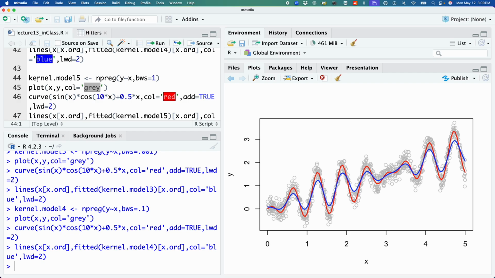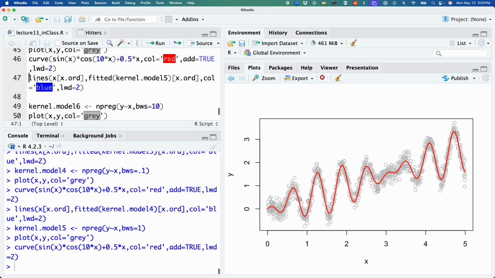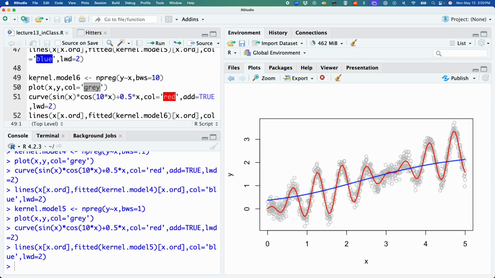Let's go even bigger with the bandwidth. And you can see at a certain point, it's thinking about such a large conglomeration of points that it's really smoothed out any of the variation that's there in the data, and even larger.